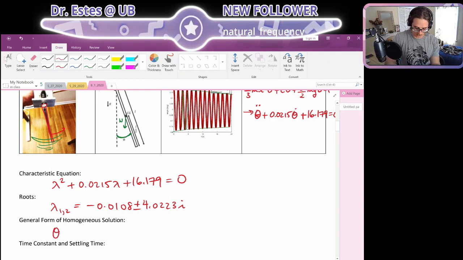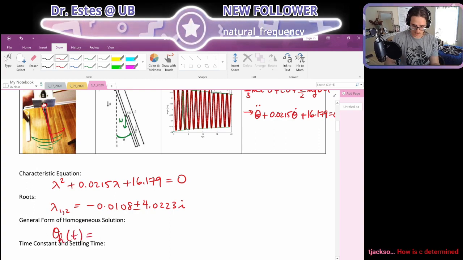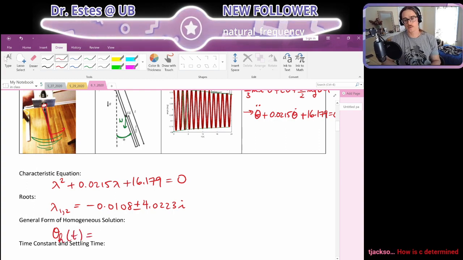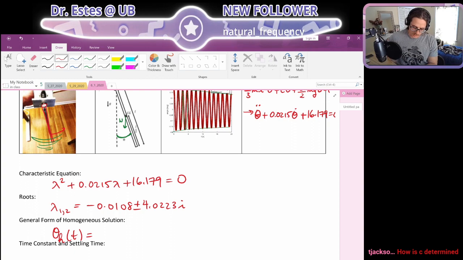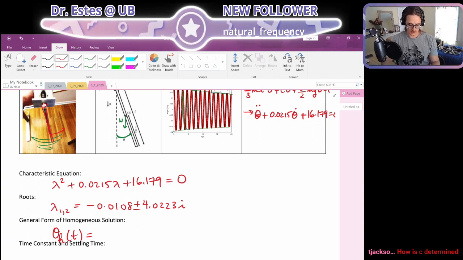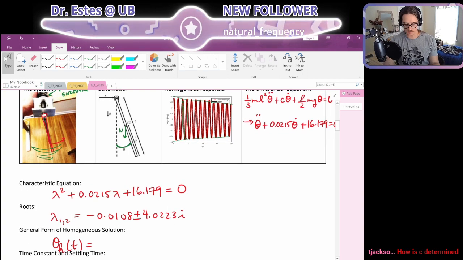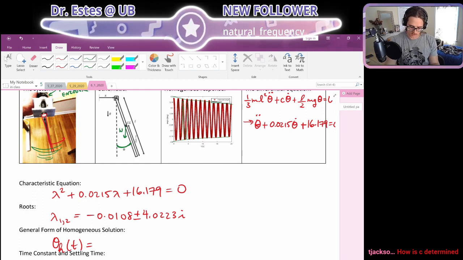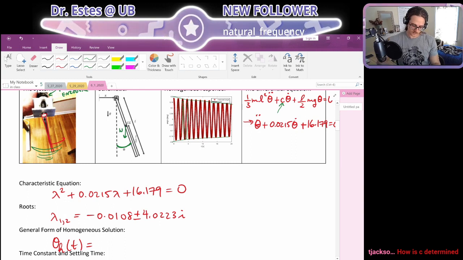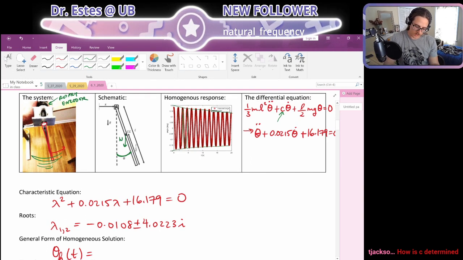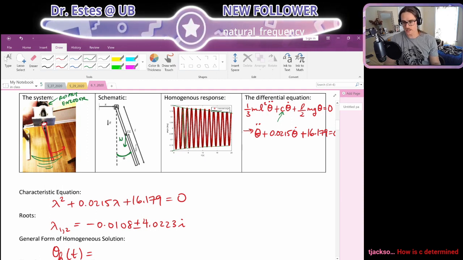The general form here is going to be, how was C determined? Great question. What I did is I ran an experiment. So C is that damping parameter right there, right? I ran an experiment to see how the system decays over time.